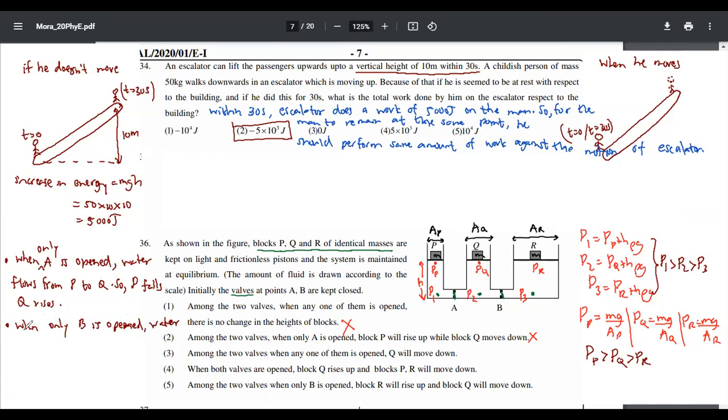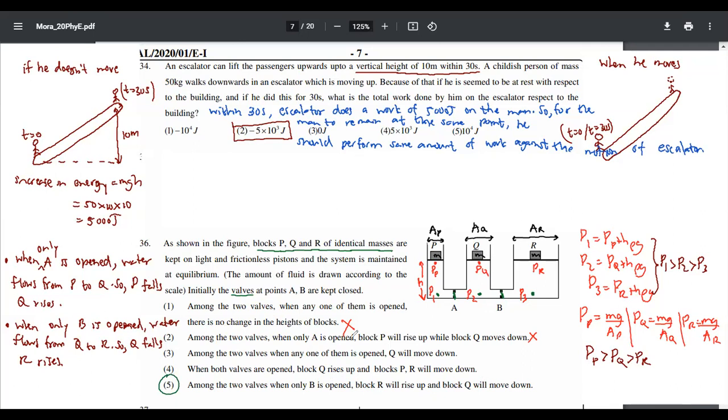Water flows from where to where? Q to R. So Q falls, R rises. That way you have to compare and get the answer. Which one? The fifth one. Among the two valves, when only B is open, block R will rise. Yes, fifth is the correct answer. Fifth one.